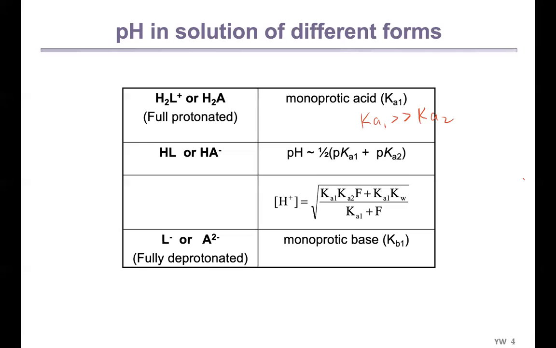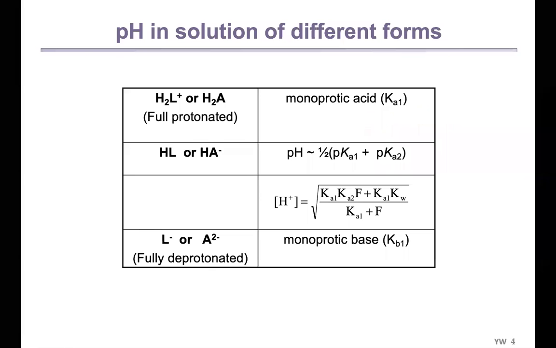So the effect of the second step of the reaction can be neglected, which is why we only consider Ka1 and treat it as a monoprotic acid. Same thing with the fully deprotonated form. We treat it as a monoprotic base based on the same assumption that Kb1 is much larger than Kb2. Right? We will talk about this in detail.